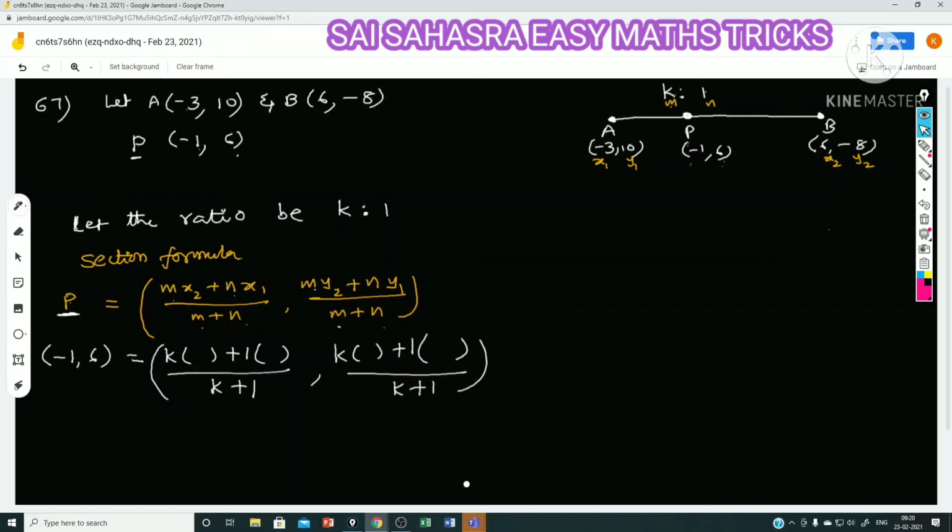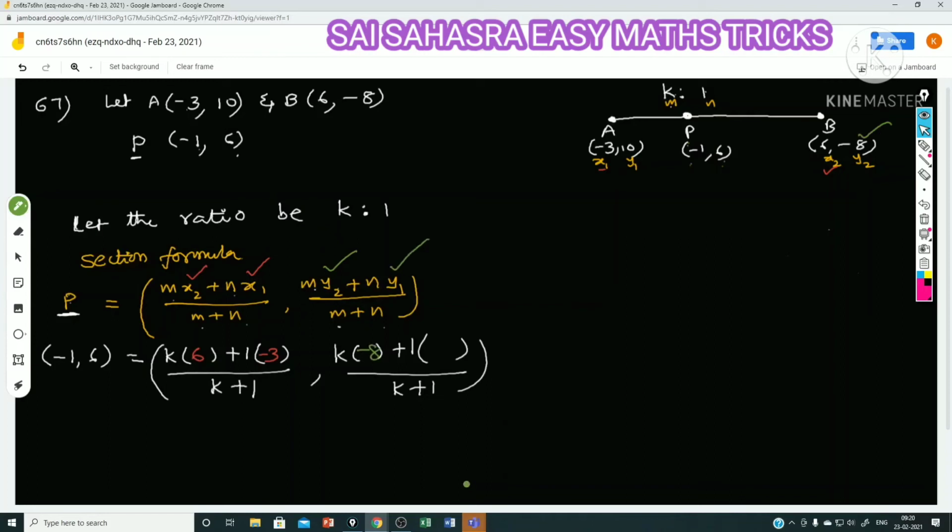Next I am writing this x2, x1 and y2, y1 values. X2 means 6. X1 means minus 3. Next we have to write y2. Y2 is minus 8.